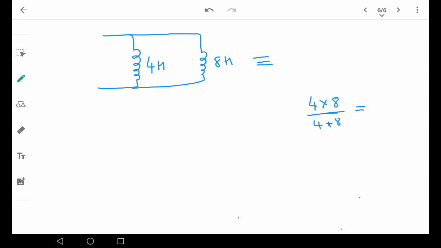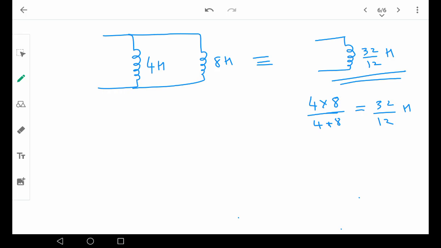That is 32 divided by 12 Henry. So this is equivalent to a single inductance of 32 by 12 Henry. That's the answer. Now these are the inductors in series and parallel, right?